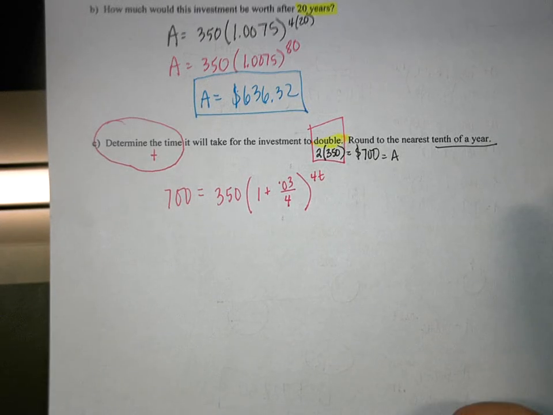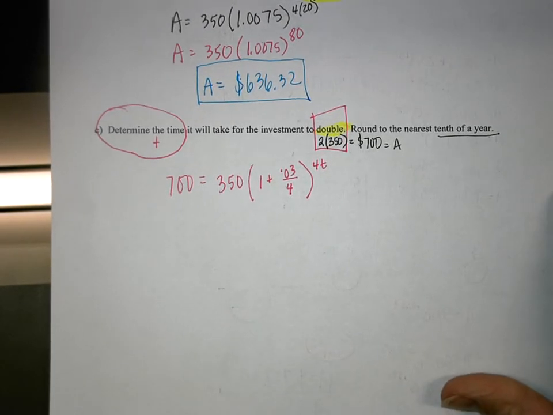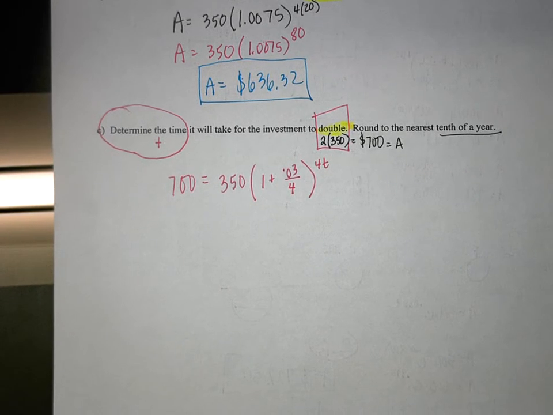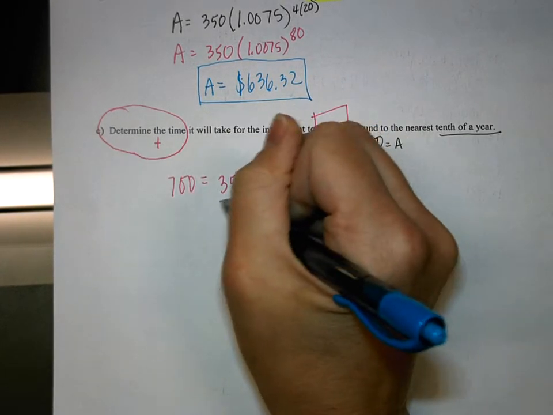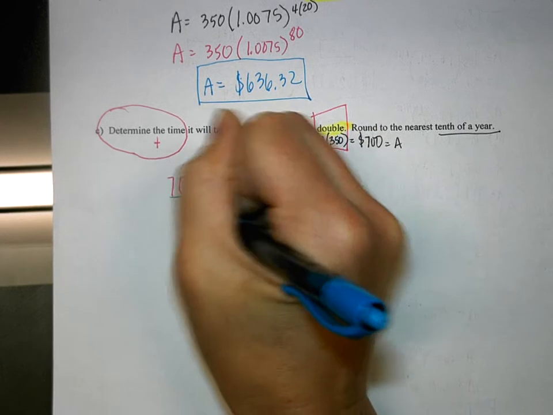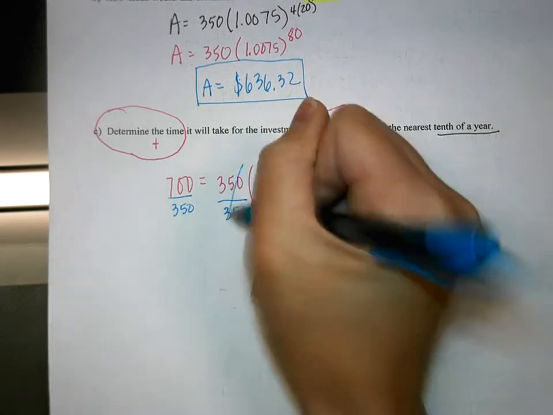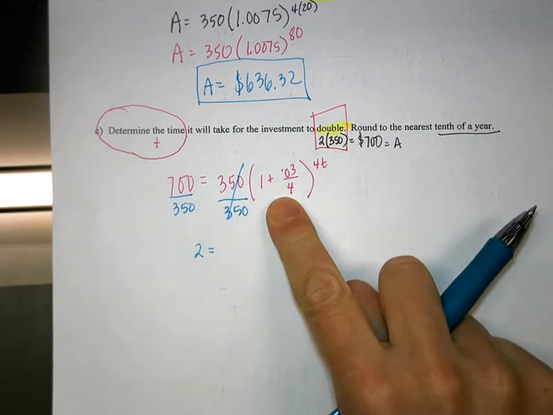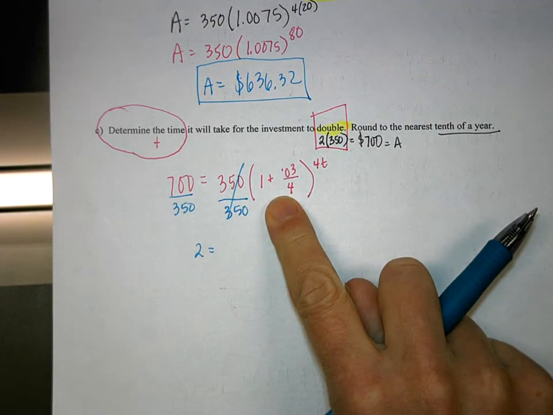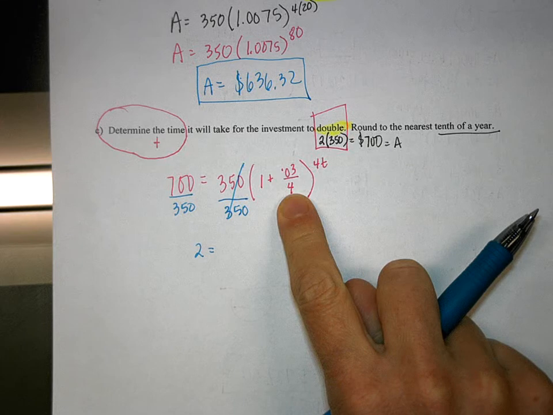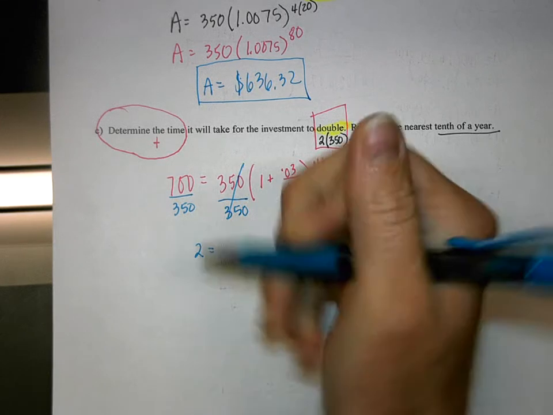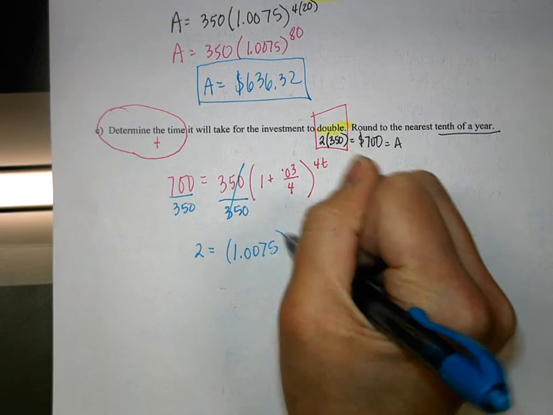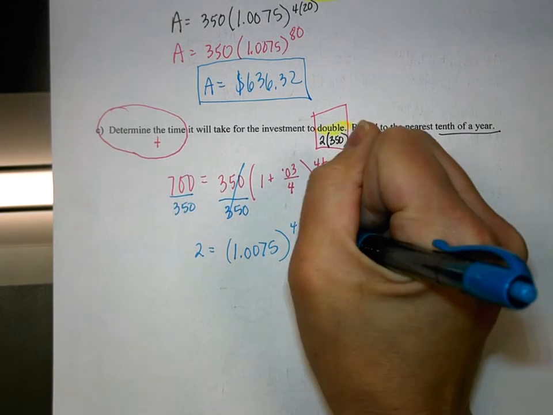What do you think we do first? What'd you say? Okay, we could divide by 350. And so we have 2 equals. Can we add these together? Yes. So we add those together and what do we get? 1.0075 raised to the 4t power.